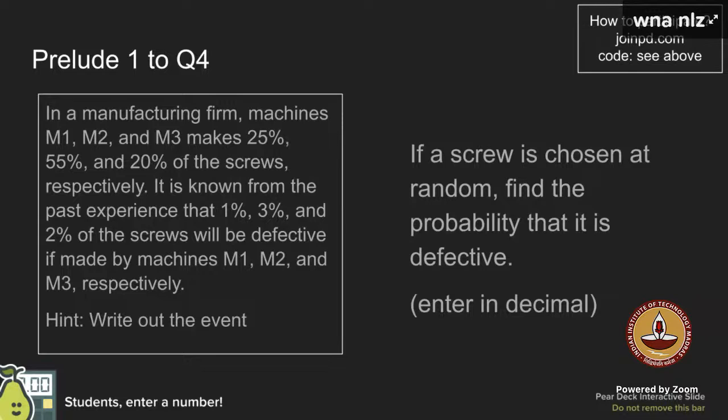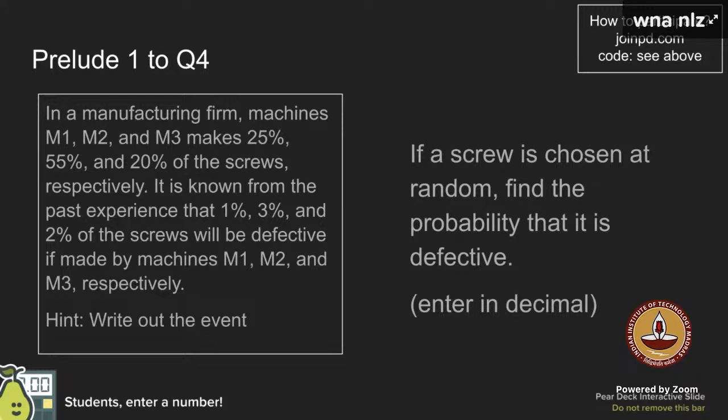So all defective screws from machine 1, machine 2 and machine 3 divided by the total defective? What you are trying to say is that it will be 1 in that case, right?